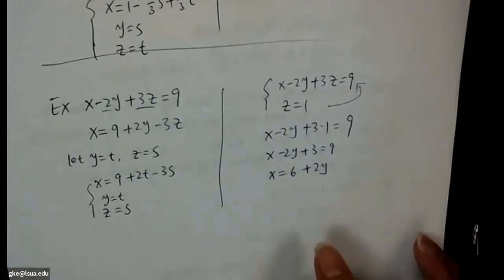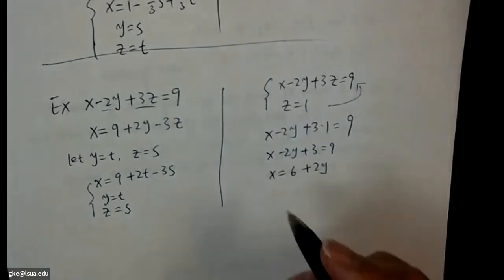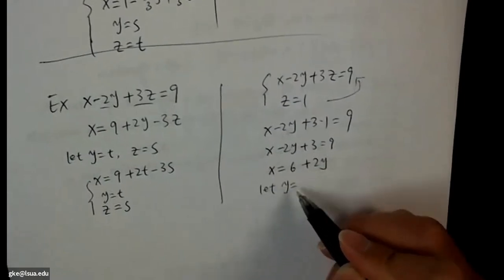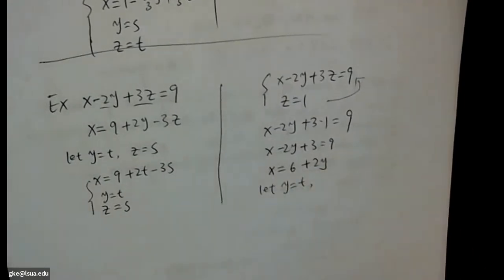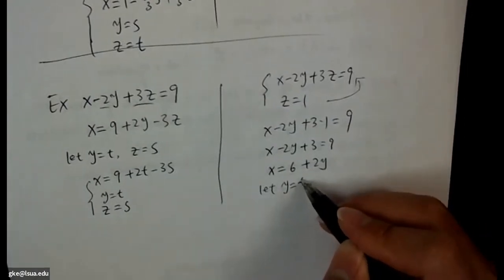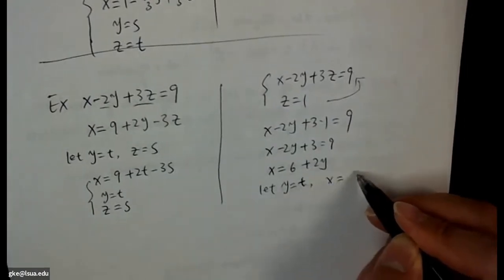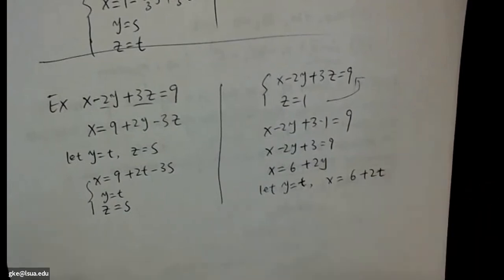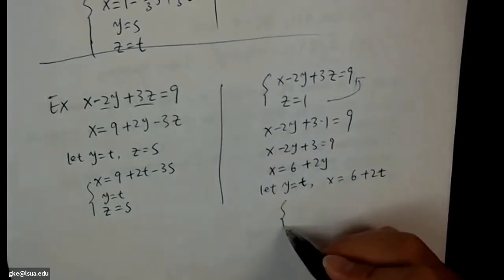Okay, so then we have the variable y here. We can pick y equal to t, right? So that means x equals 6 plus 2t. Yeah, 6 plus 2t. And that means what?